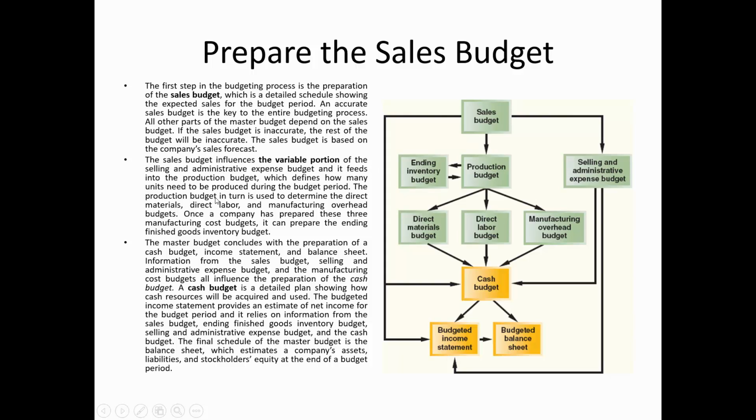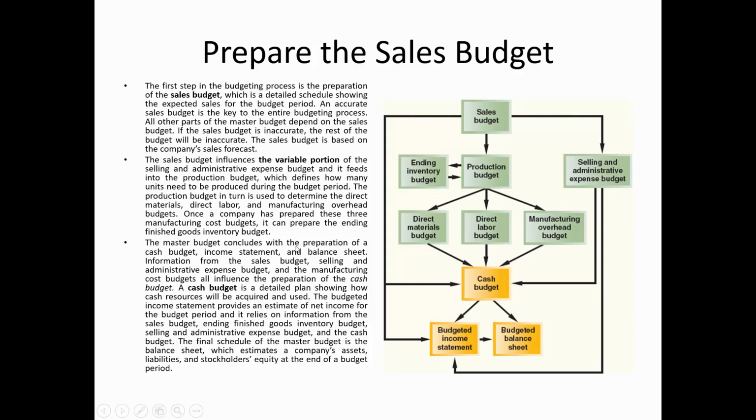The production budget in turn is used to determine direct materials, direct labor, and manufacturing overhead. And once these have been prepared, you can prepare the ending finished goods inventory budget. So these will be prepared first before you go back to the ending inventory budget.